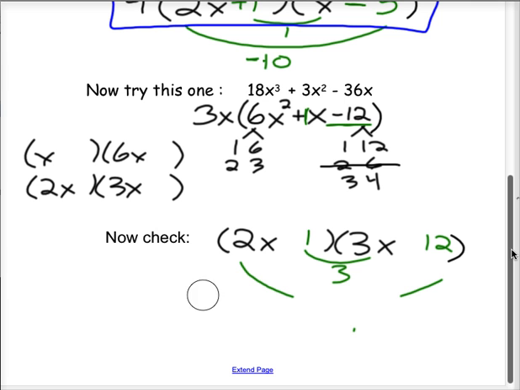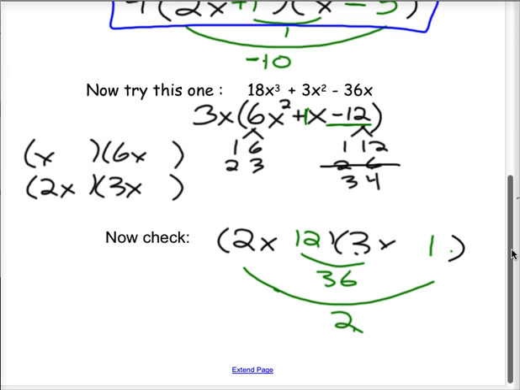Well, not what we're shooting for. And if we were to reverse that, put the 12 here and the 1 there, we're still going to get large numbers. With one of those being negative, we're going to be talking about 34 or negative 34. So again, still not it. We have to keep searching.